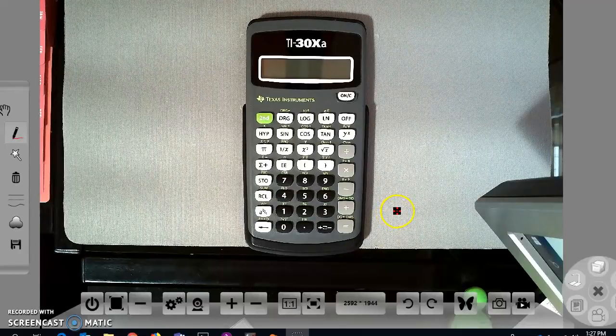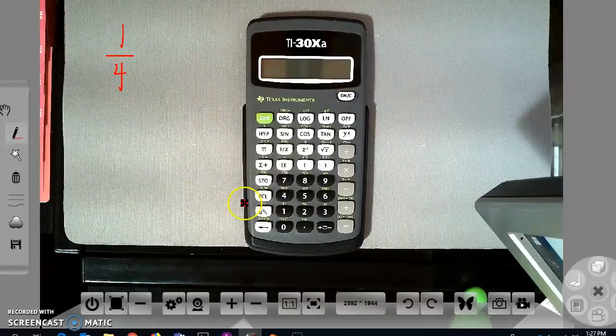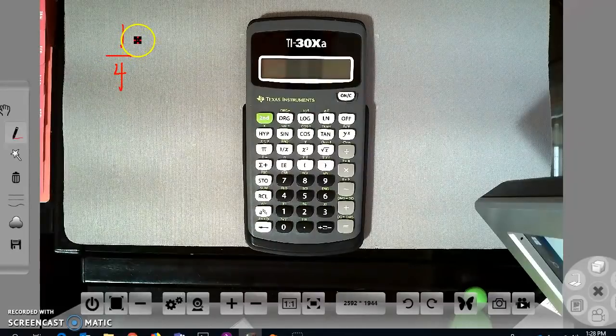Good afternoon. What we're going to do today is take a look at how to use our calculator to help us put our fractions in. So if I want to put the fraction 1/4 into my calculator, we are going to put the number 1 in first.